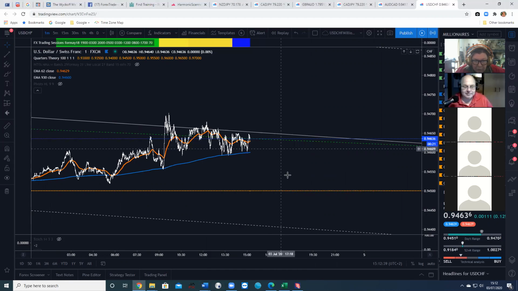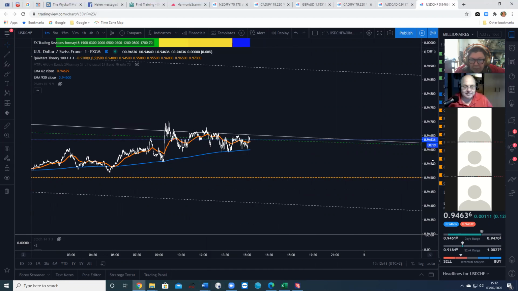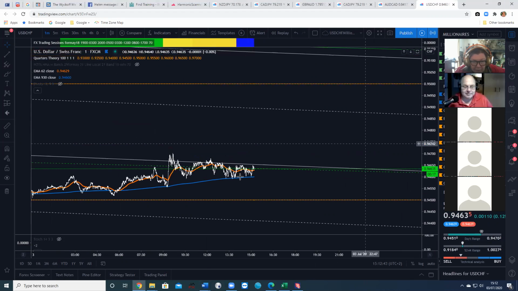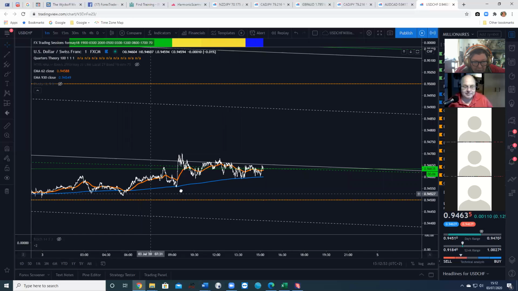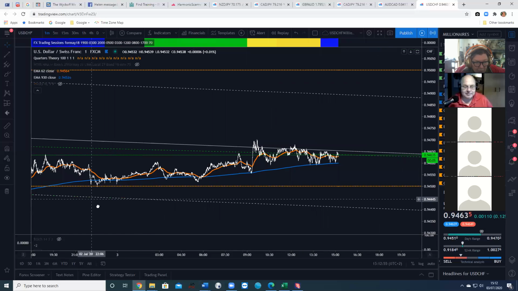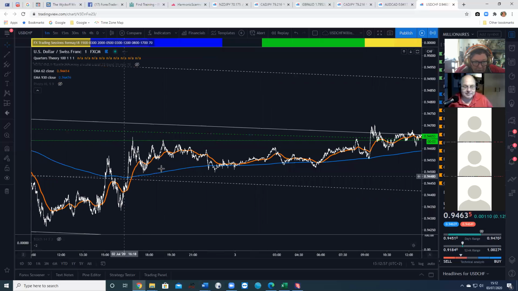There's an old pitchfork. So the story at the moment is that the pitchfork is saying sell because it's underneath the white pitchfork. It's buy according to the orange line because it crossed above here and it has not crossed below the blue again.